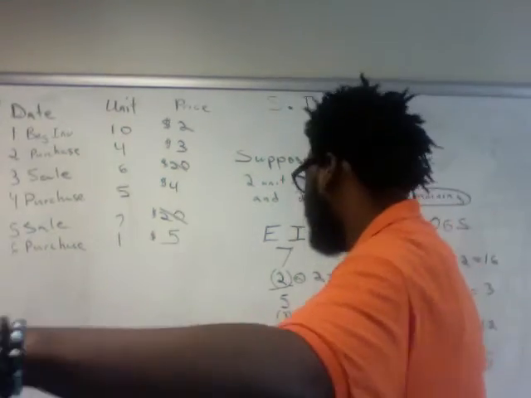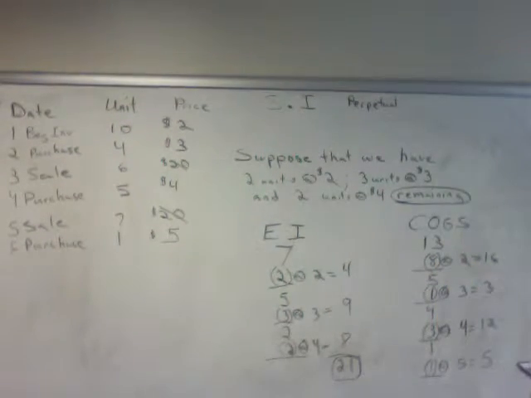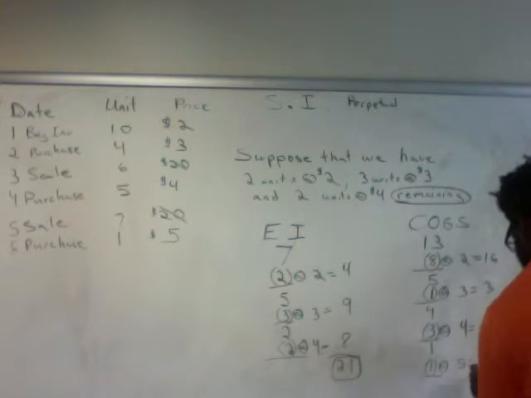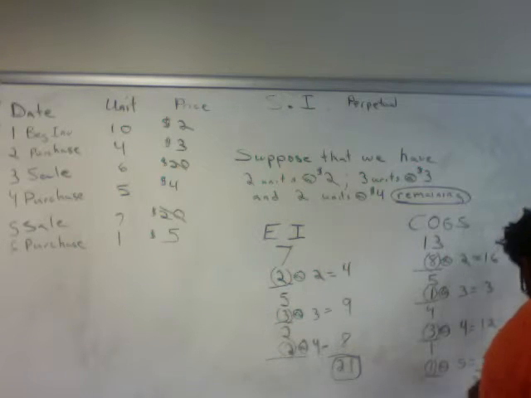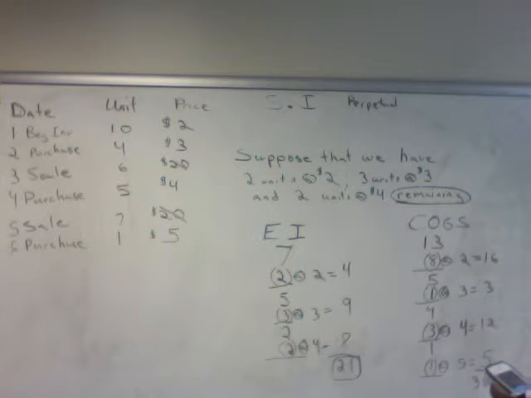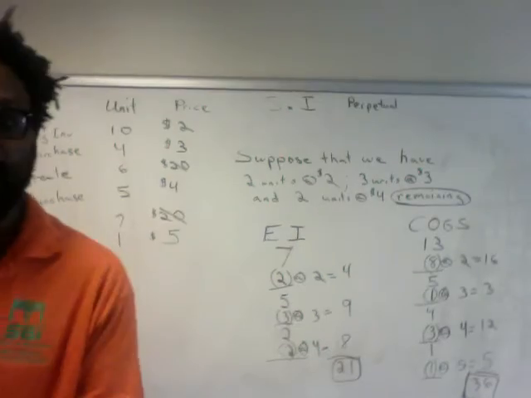And I'm going to pull out my calculator. I have 36. And I always double check just to make sure that everything is correct. I've seen students screw stuff up just by simple calculation. So our cost of goods sold happens to be $36 as well.